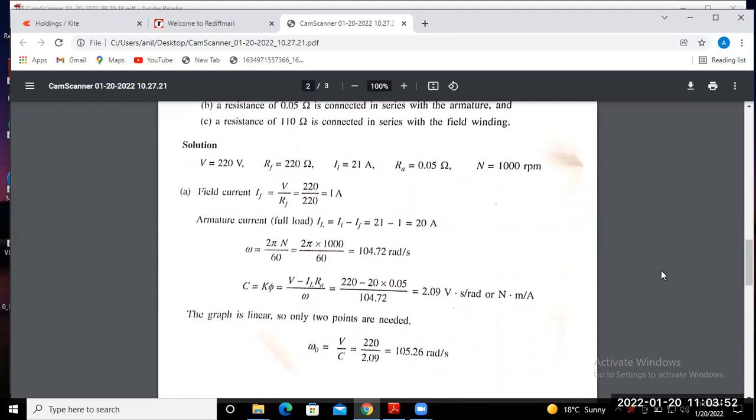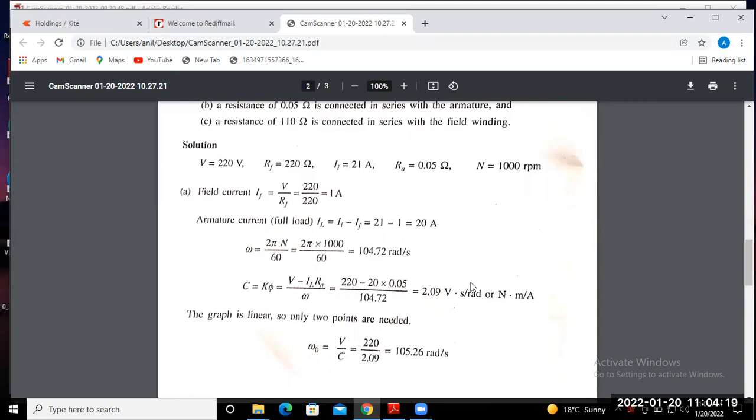Now you know that the constant C is K phi. So K phi equals V minus IA RA divided by omega. V equals 220, IA equals 20 into RA, which is given as 0.05, and omega you already found, 104.72 radian per second.